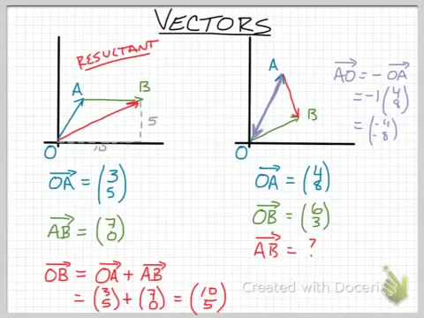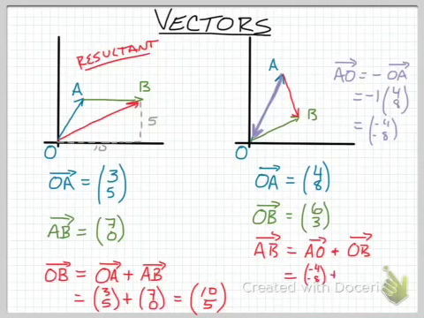So when we try and find the vector AB, we are now adding together AO plus OB, right? So when we add those together, we have negative 4, negative 8 for our AO and 6, 3 for our OB.